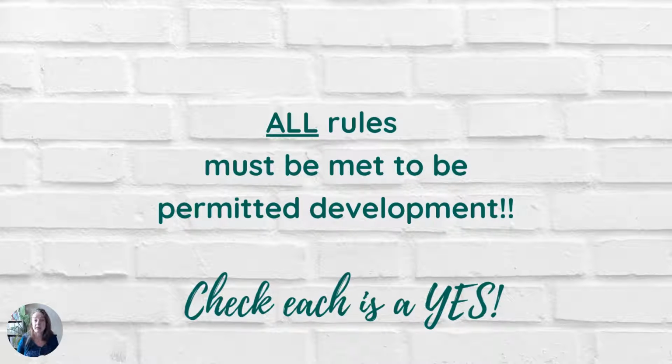So if, for example, your proposal meets part 1A but not part 1B, then just because it meets part 1A does not mean it's permitted if it doesn't also meet part B, part C, and every other category. It has to be a yes for everything for it to be permitted. If it's a no for anything, then it's not permitted, and you're going to have to make some adjustments to the design or submit a planning application.